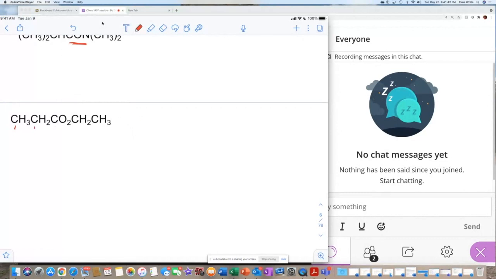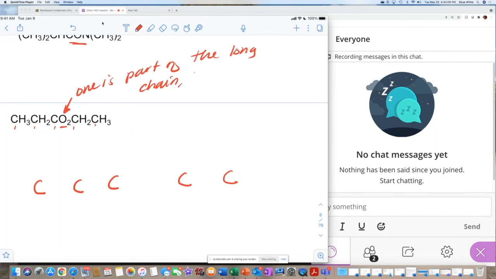I have 1, 2, 3, 4, 5 carbons. Since I have 2 oxygens here, if you have 2 oxygens, CO2, one of them will be part of the long chain, and the other is on the side, or it sticks out.